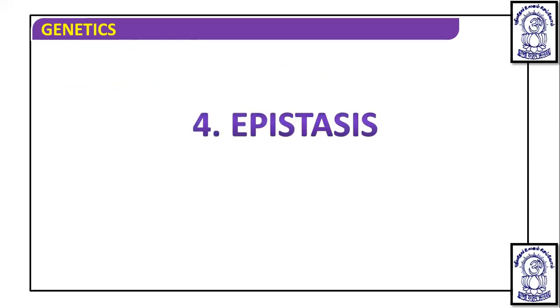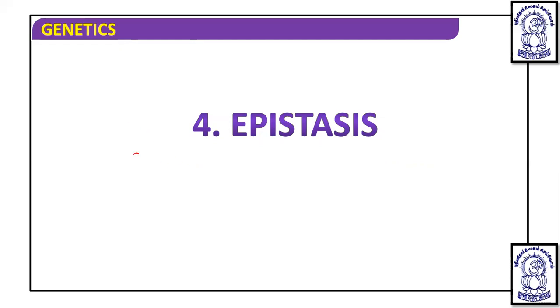Next, after supplementary gene interaction, we are going to talk about epistasis. Now, if you talk about epistasis, first we need to understand what epistasis is. It is very important to understand epistasis. And in epistasis, what happens?